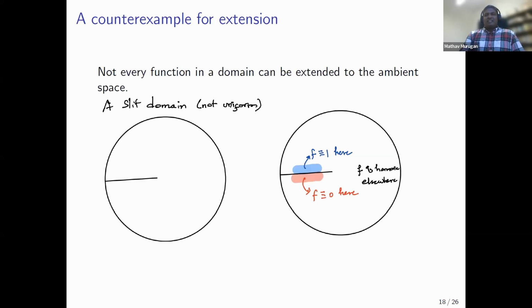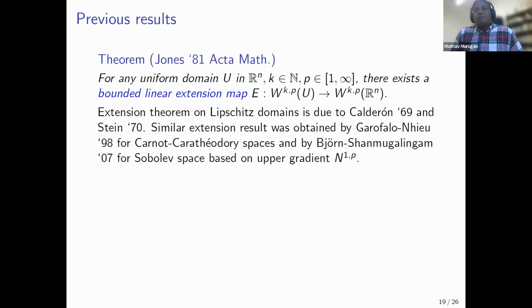But it's good to understand that there are some obstructions for the extension property. Okay, so in fact, the statement of this previous theorem and the proof is motivated by this famous result of Peter Jones from the 80s, who showed that for any uniform domain in R^n, for any k and for any p, the Sobolev space W^{k,p}, which asks for k distributional derivatives in L^p, has a bounded linear extension map.